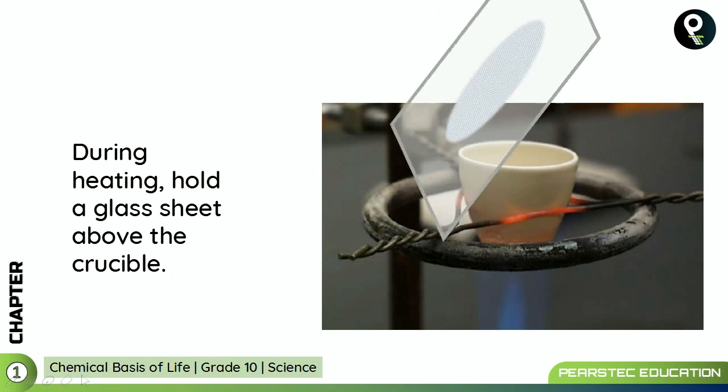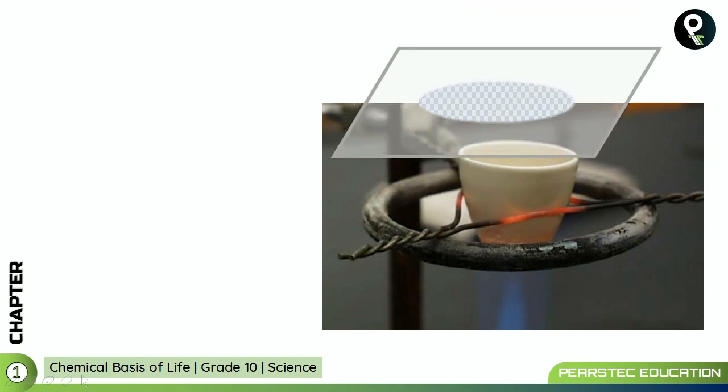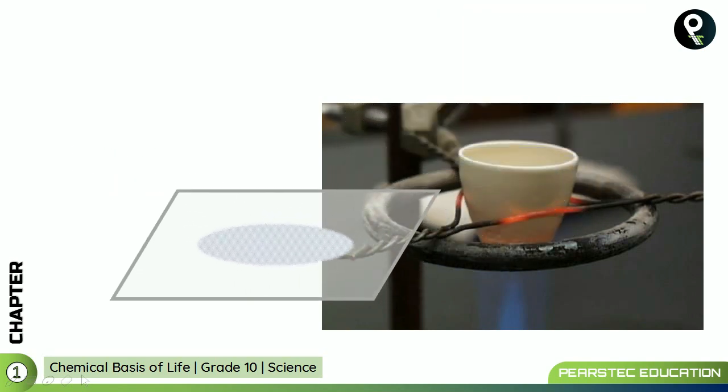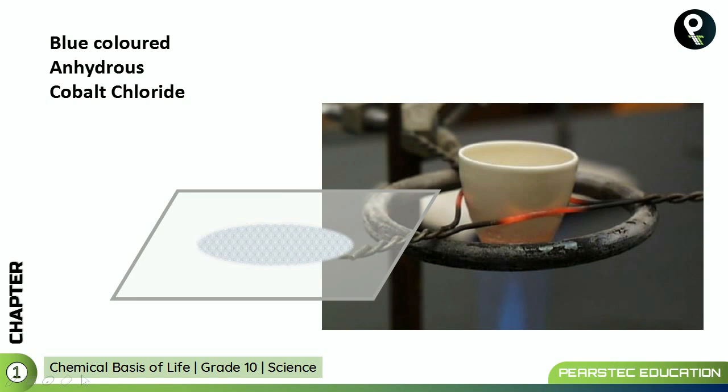You turn that glass sheet and take it to one place, and you put blue colored anhydrous cobalt chloride. See what is happening? Once you put the blue colored anhydrous cobalt chloride, it will change into pink color.